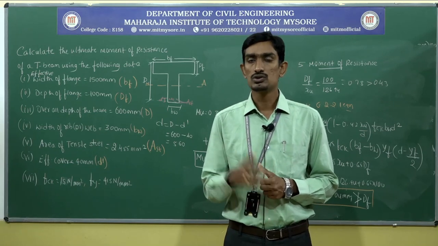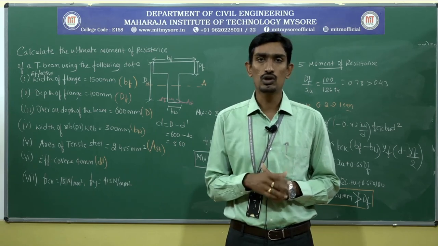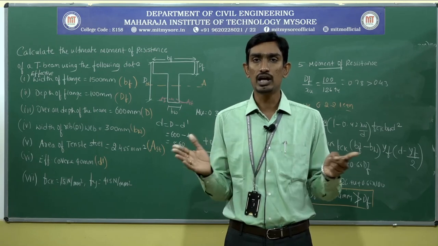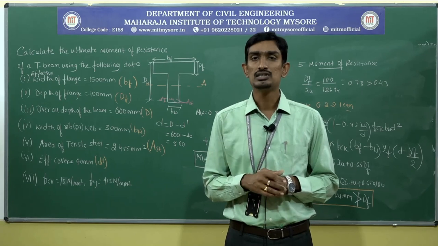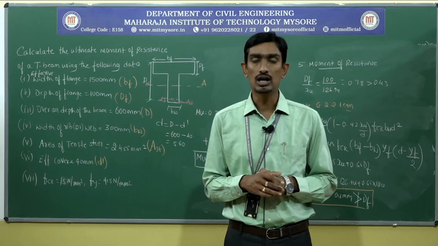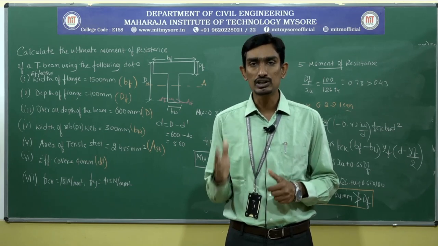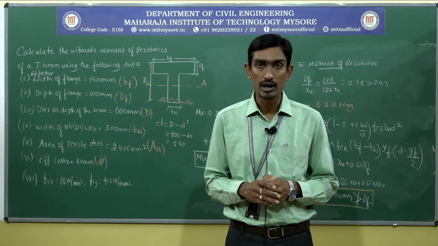Is it clear? Then I arrived at the Xu value, and then we calculate Xu max. After calculating Xu max, compare Xu and Xu max and decide the section. Now it is under-reinforced. For an under-reinforced section, you need to decide whether Df by Xu is lesser than or equal to 0.43 or greater than 0.43.